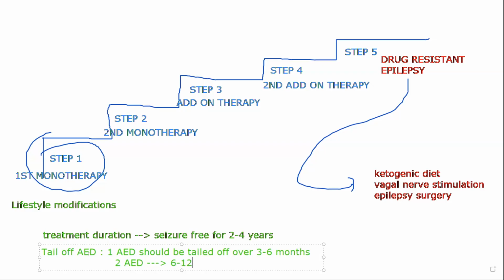Hope that's clear. Double. So one anti-epileptic drug should be tailed off over 3 to 6 months. The patient is on 2 anti-epileptics, both of them, you gradually tail them off over 6 to 12 months. Okay. So hope that part's clear.